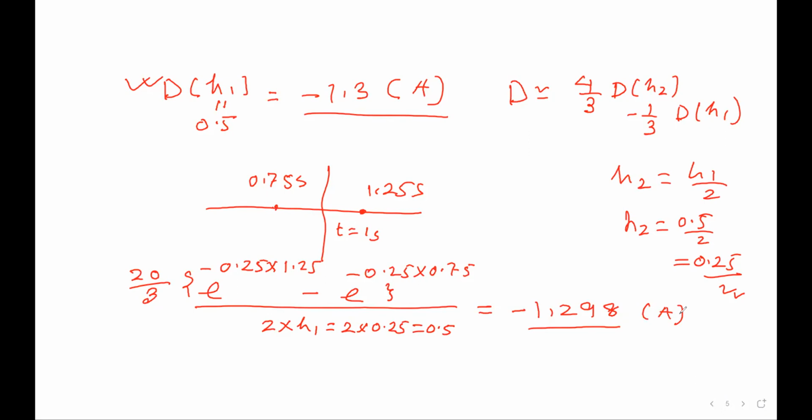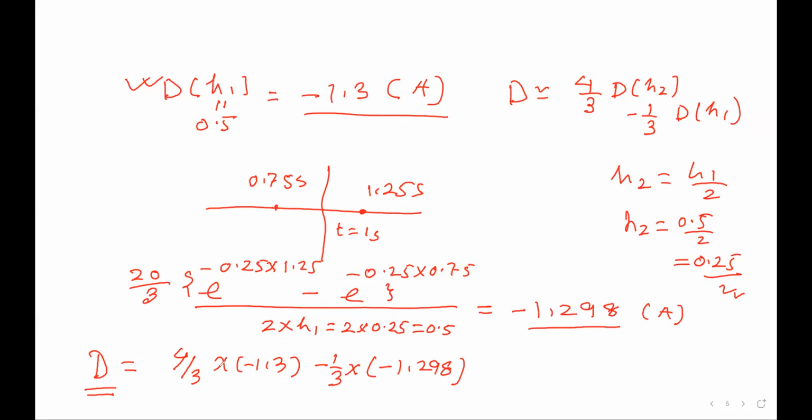Yes, sir. Okay, then let us see how that refinement will be working here. The refined derivative would be equal to 4 by 3. You have calculated dH2 is equal to minus 1.3, minus 1 by 3 into, you are calculating it, minus 1.298, isn't it? Sir, here it has been swapped, hasn't it? Reverse.